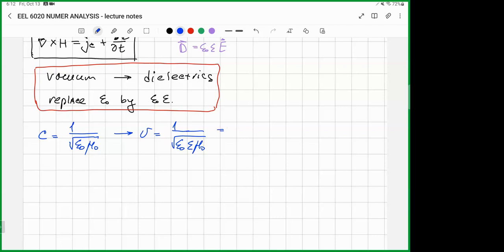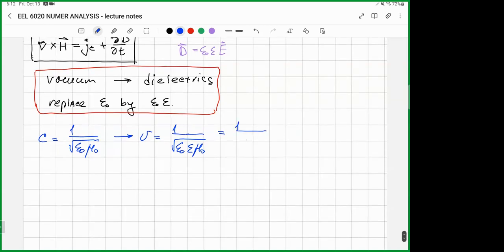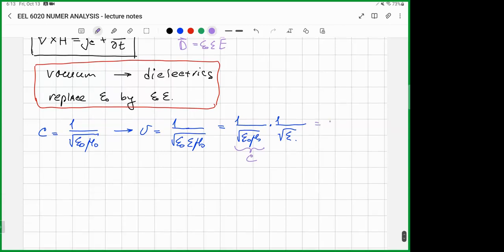Or I can rewrite it in this form: 1 over square root of epsilon 0 mu 0, times 1 over square root of epsilon, right? So this one is the speed of light.